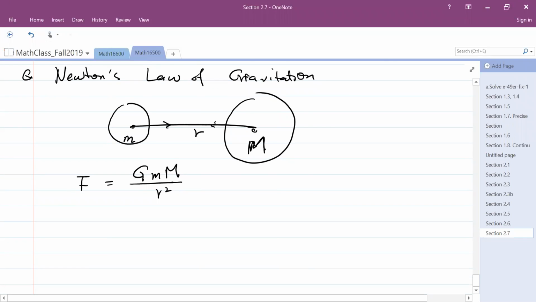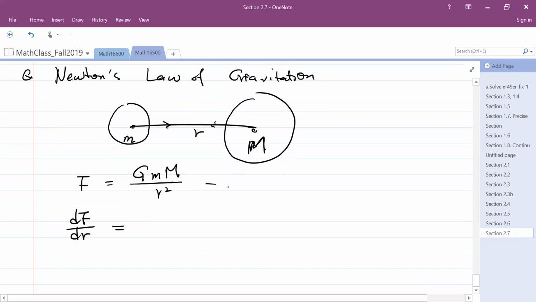Then we want to see the rate of change in the force with respect to radius. Sometimes the radius changes a little bit, and we want to see how much the force changes, right? So that is the meaning of dF/dr, and r squared is in the denominator.